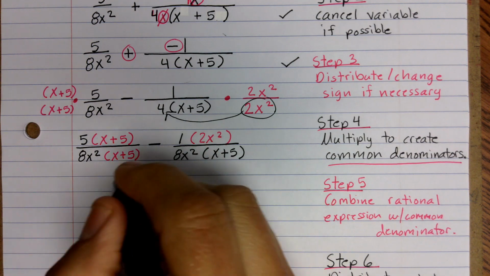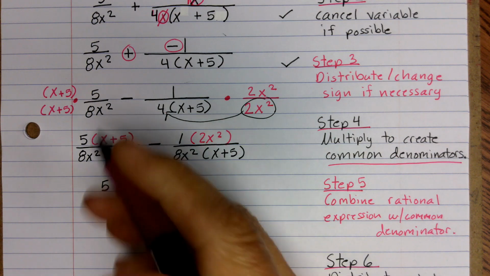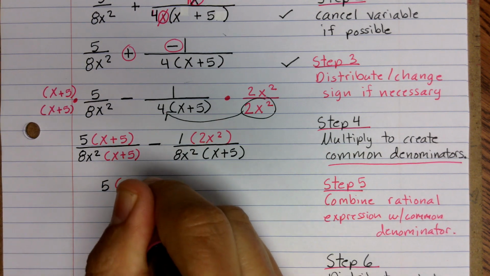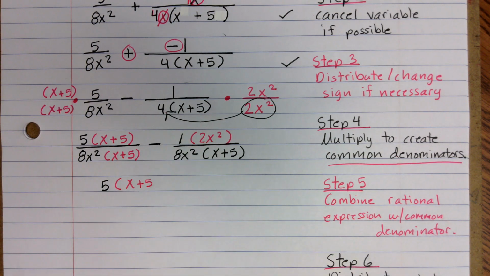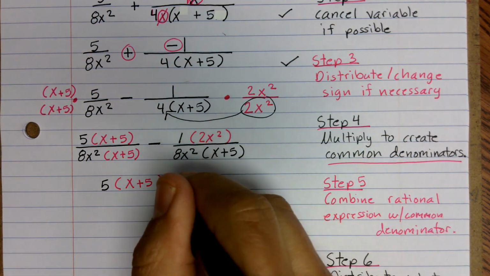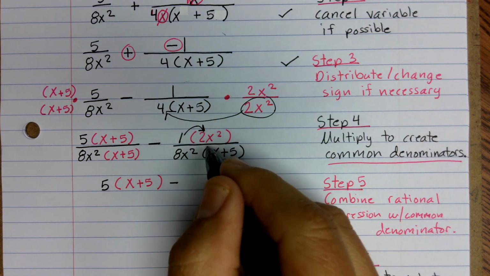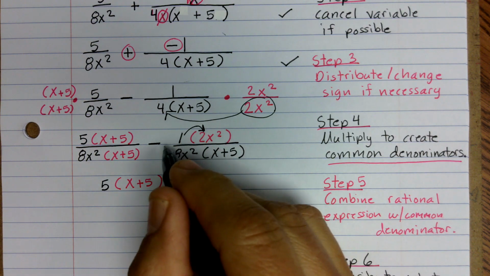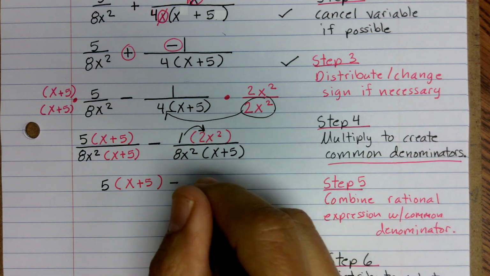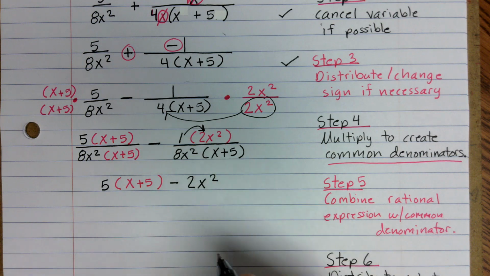So I'm going to write this. This is going to be 5, and I'm going to keep it color-coded so you can see the things that we added, times x plus 5. And then it's going to be minus, and since I'm going to distribute this 1 times 2x squared, or you could say negative 1 times 2x squared, that just gives me negative 2x squared.